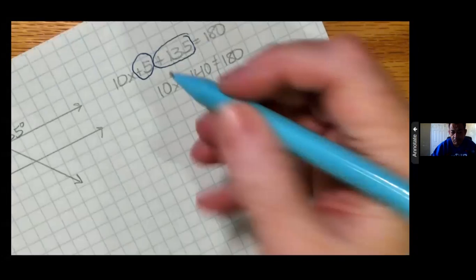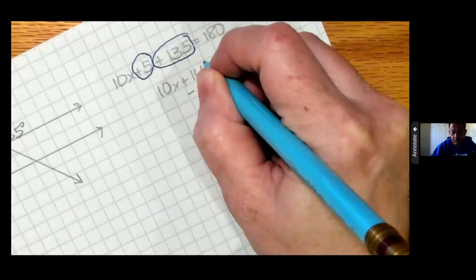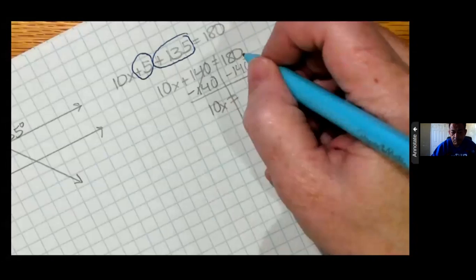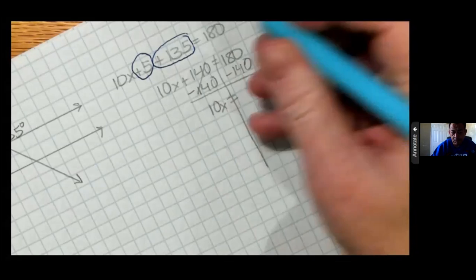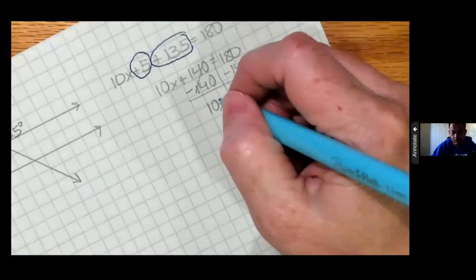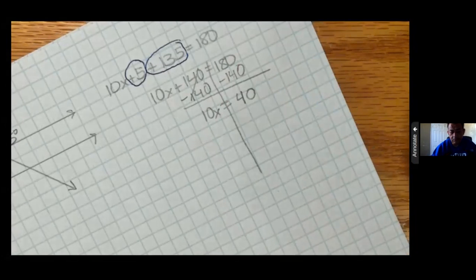Okay, so I'm going to subtract 140 from both sides, leaving 10x. Okay, and then 0 minus 0 is 0. 8 minus 4 is 4, and 1 minus 1 is 1. Now what do I do? Divide 10 into 40. That's right.